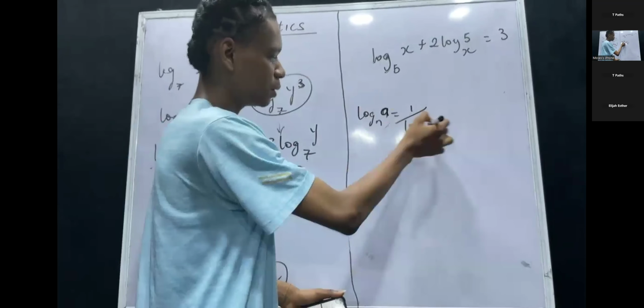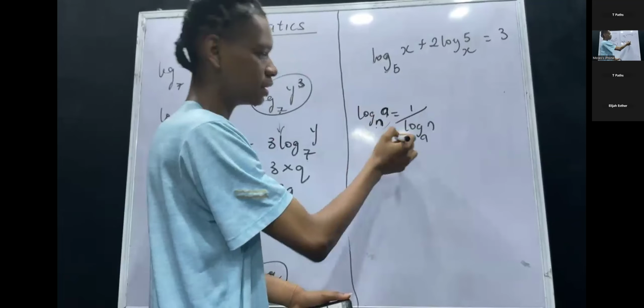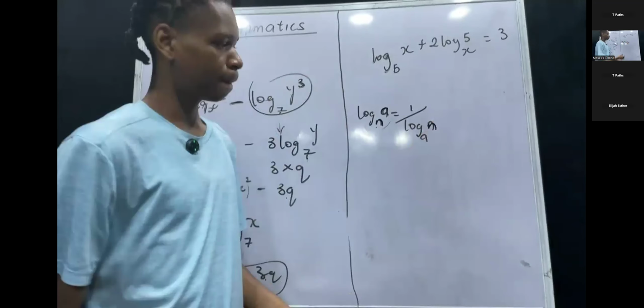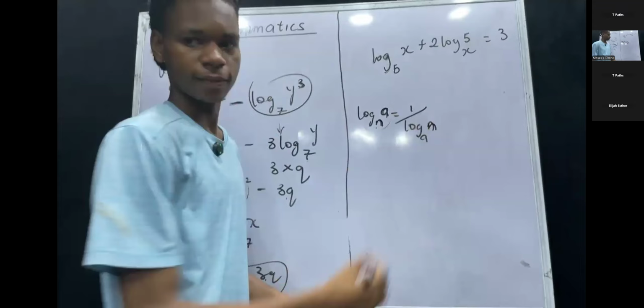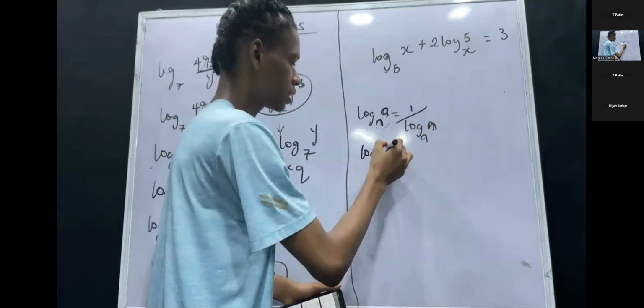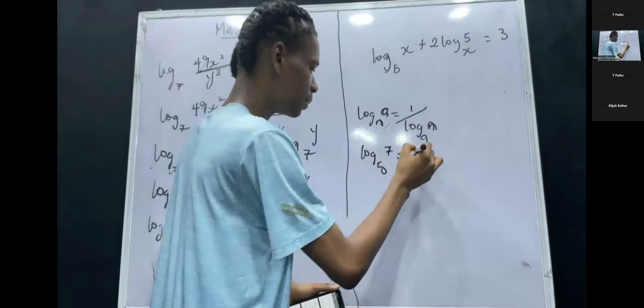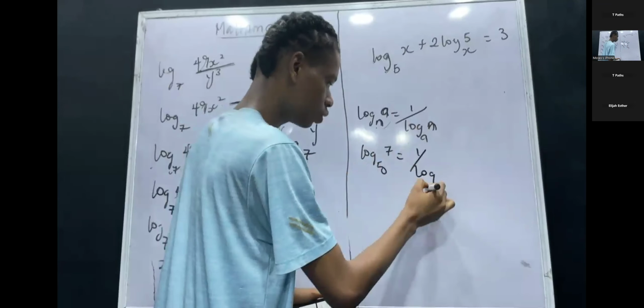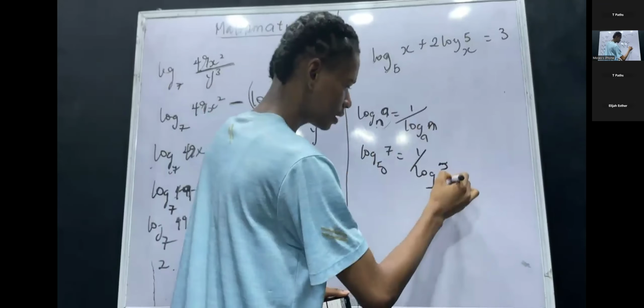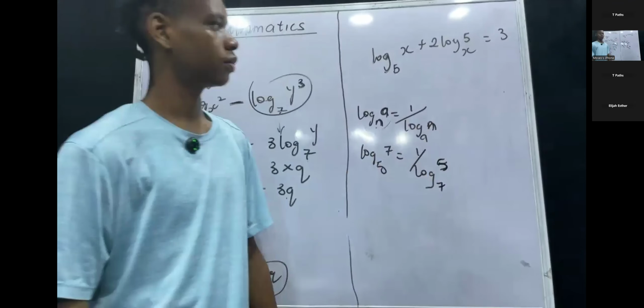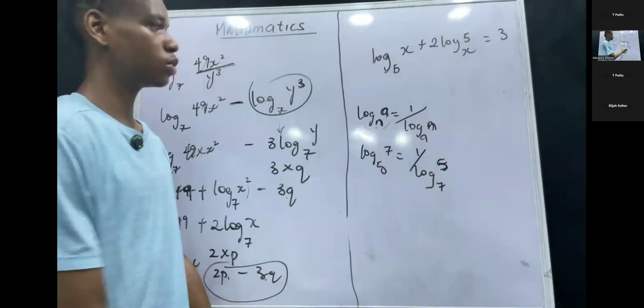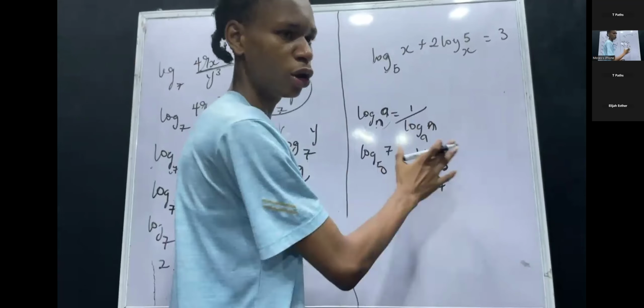Here it becomes the base. N is my base. Here it becomes the value. So this is the same as this. Log 7 to base 5 is the same as 1 over log 5 to base 7. This is what we call inversing of logarithm expression.